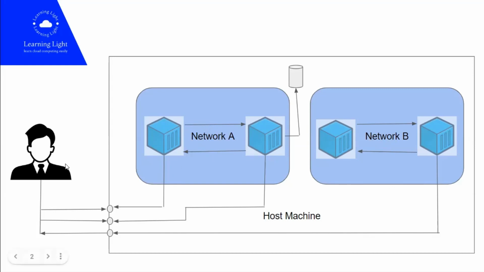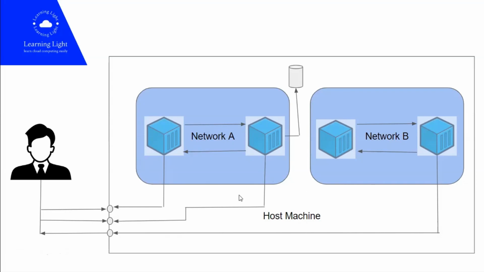Now, this particular user can reach any container depending upon its nature. Maybe this particular container is mapped to this port and the user can access this container via this port. Now this port is mapped from this machine to this container.